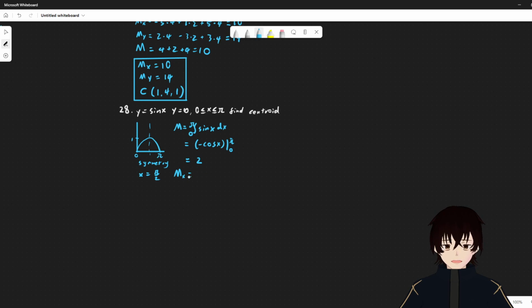Now we also need mx, which is going to be 1/2 upper squared minus lower squared.